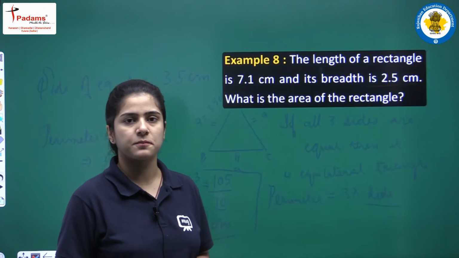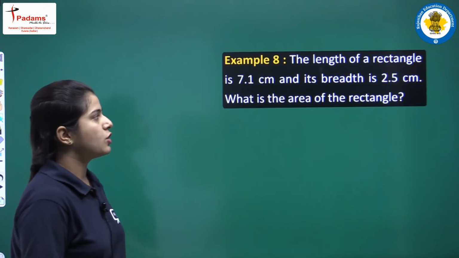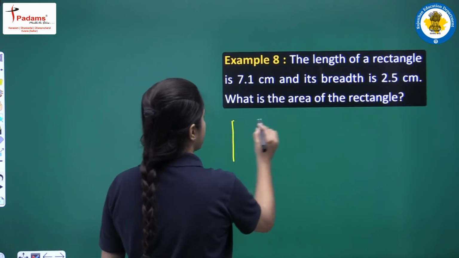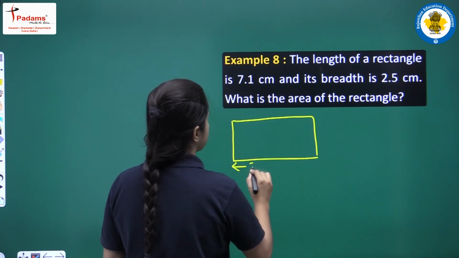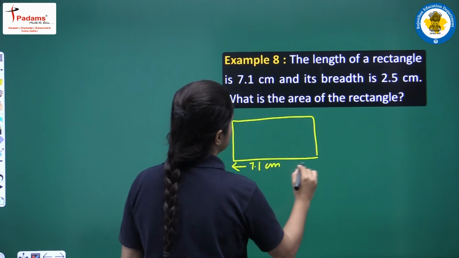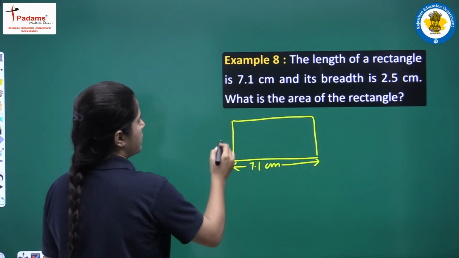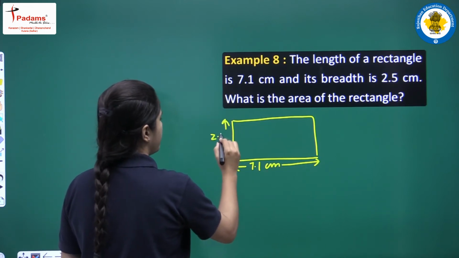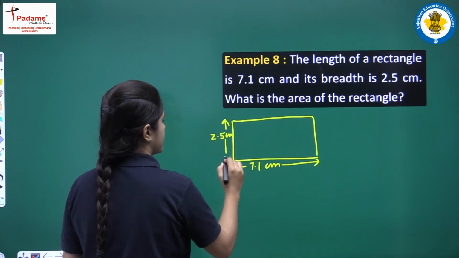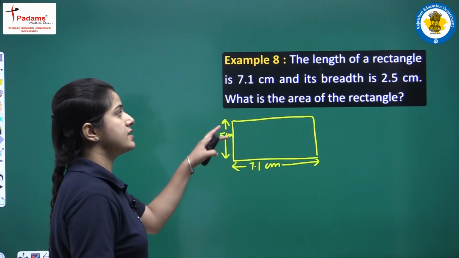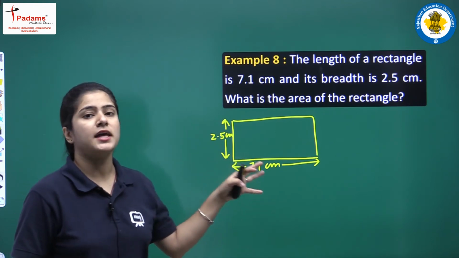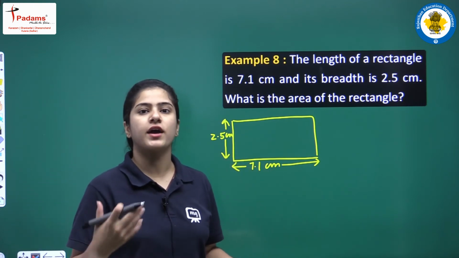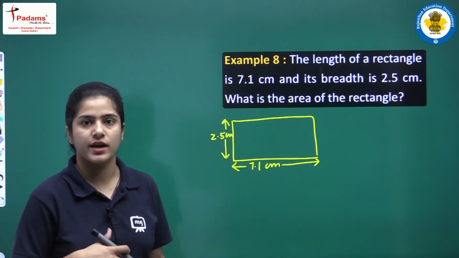What is that? The length of a rectangle is, this is a rectangle, right? Okay. If its length is equal to 7.1 centimeter, and breadth is equal to 2.5 centimeter, then what is the area of the rectangle? You have been given the length and breadth of the rectangle, and you need to find out the area of the rectangle.